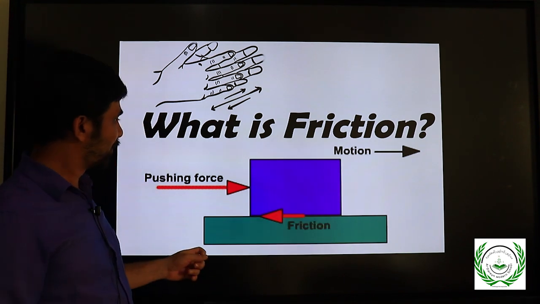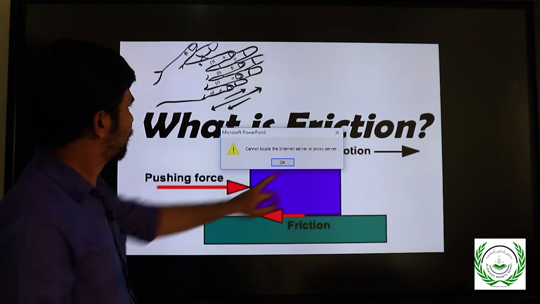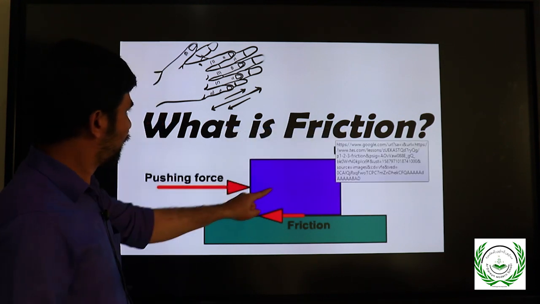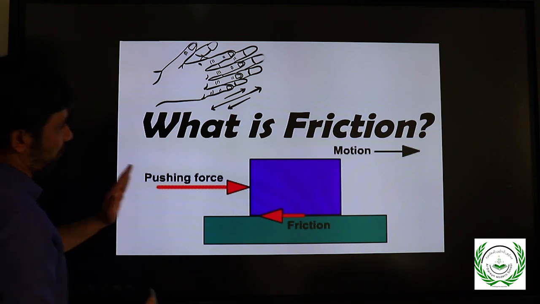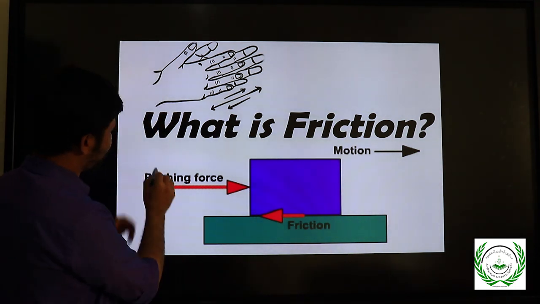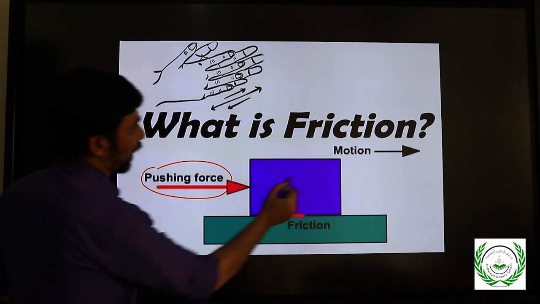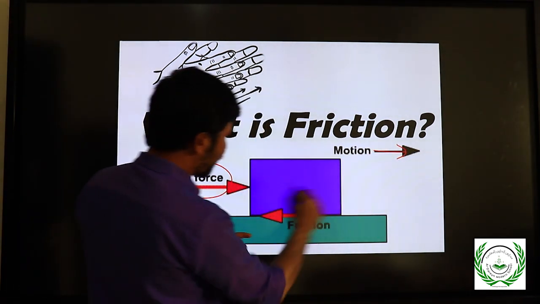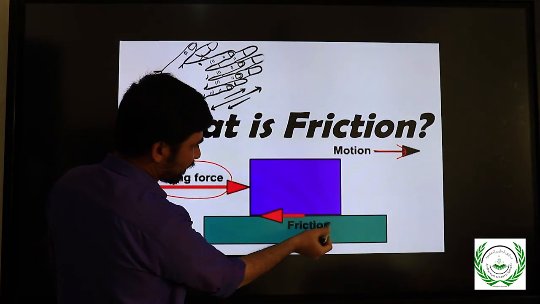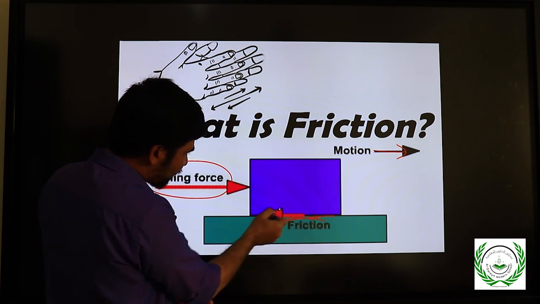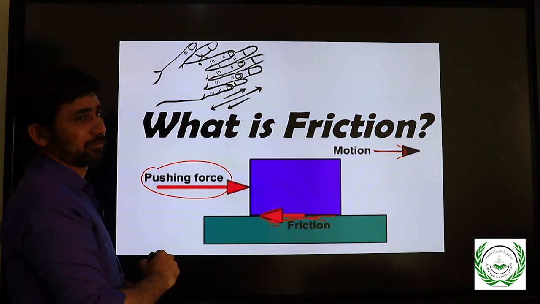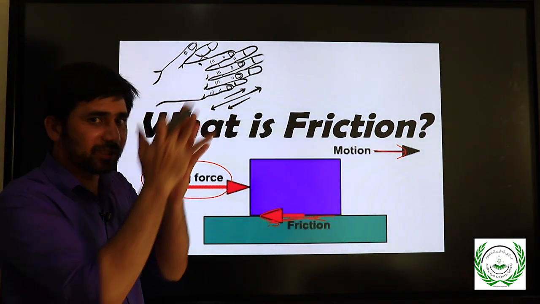In the same way, when there is a brick and you push it and it is in motion on a surface, the surface opposes it. That opposing force is called friction.